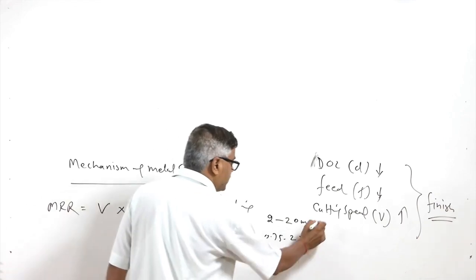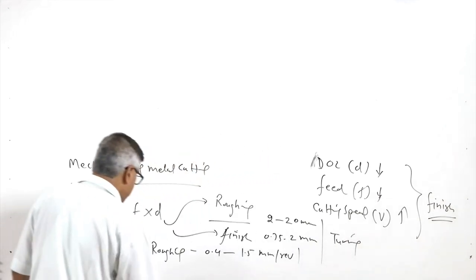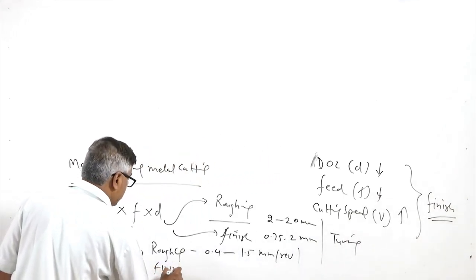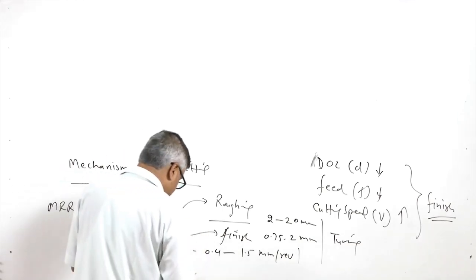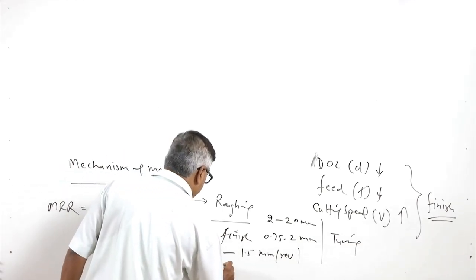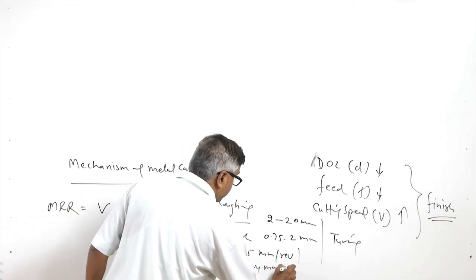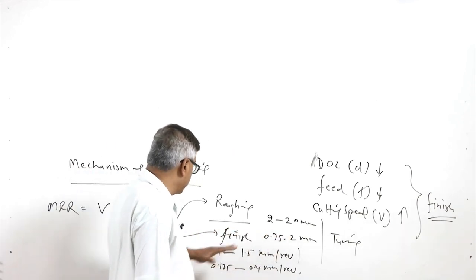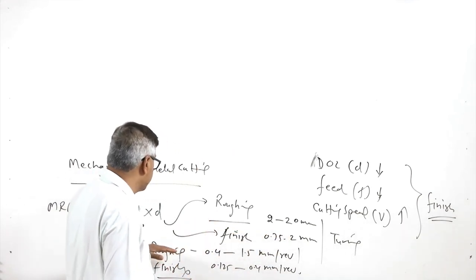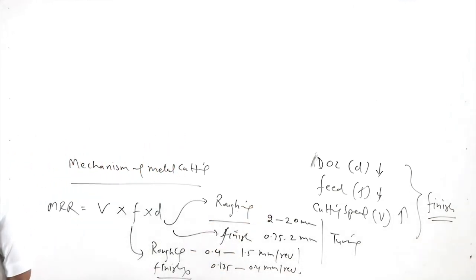Of course, these are for the turning process, while for finishing, when a high degree of finish is to be achieved, it can range from 0.125 to 0.4 per revolution. So, fine feed and fine depth of cut are used for finishing, and high feed and high depth of cut are used for roughing.